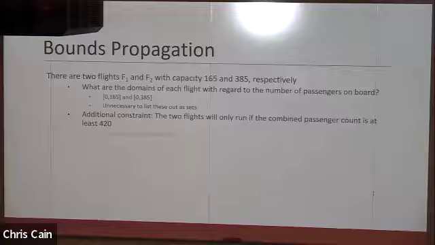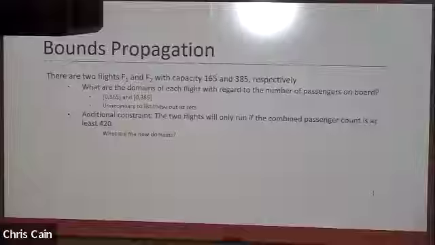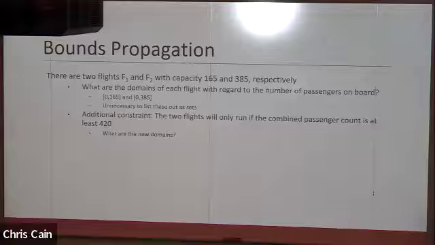So how do we reduce the domains? Now we're talking about the combination of the total passengers aboard both planes, and you can't shove 420 people onto a single plane.